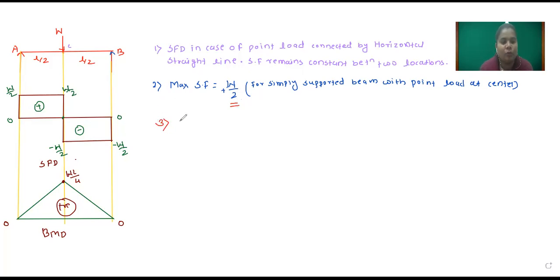In case of point load, the connection between two bending moment values is an inclined straight line.